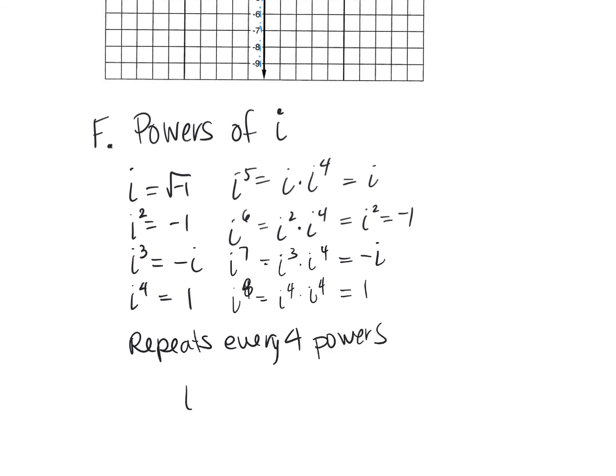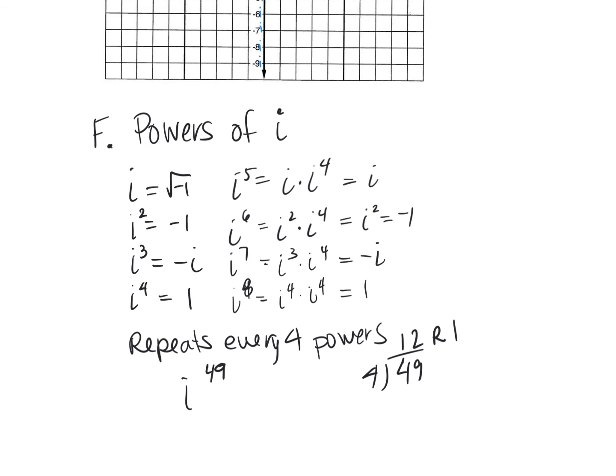So if I want to find i to the 49th power, I really don't want to write it out 49 times, do I? No. But can we find out how many groups of 4 are in 49 by dividing 49 by 4? 4 goes into 49 12 times, remainder 1, right?